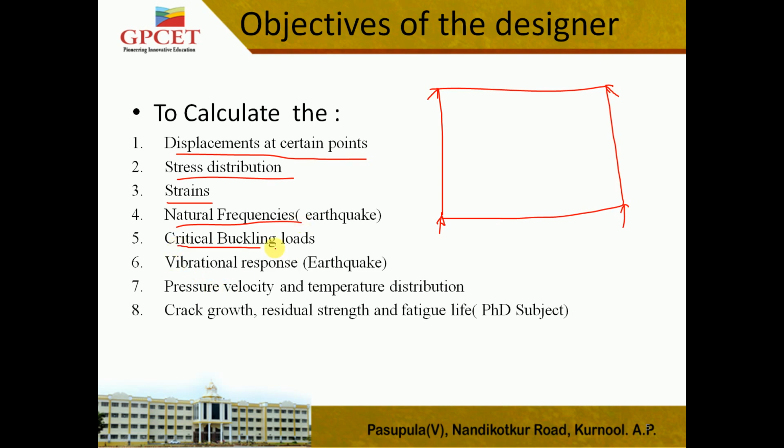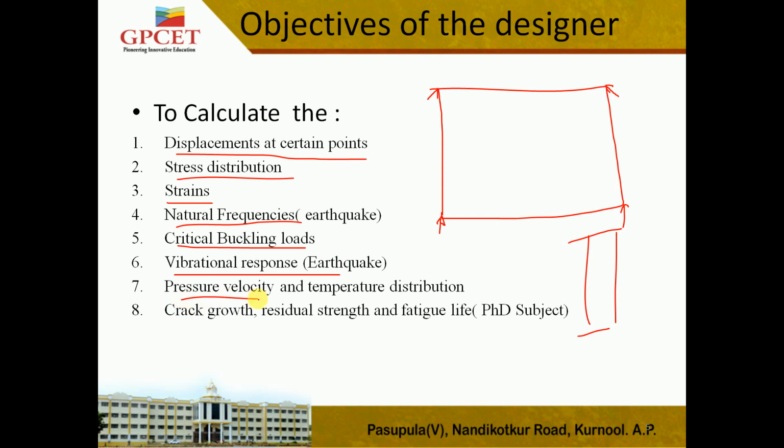Then critical buckling loads, in terms of columns. Let us say this is a column, and you apply an axial point load. Then we have to find how much load the column will take without buckling or damage. Then vibration response, which also comes under earthquake engineering.